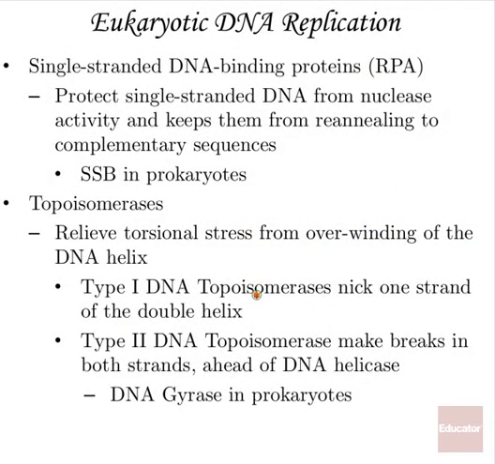Now, once we have separated some DNA, we're going to have some double-stranded parts of DNA, right? And then we have some single-stranded parts of DNA. Well, these single-stranded parts of DNA need to be kept apart, all right?